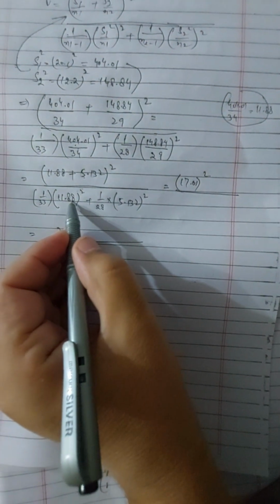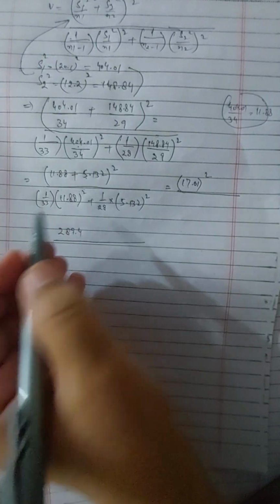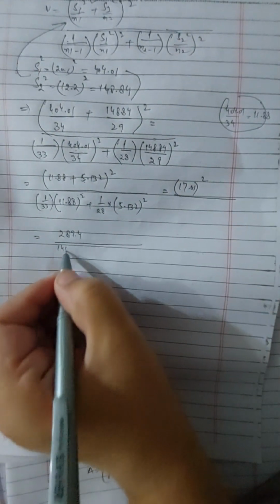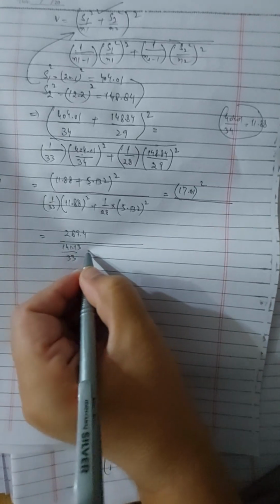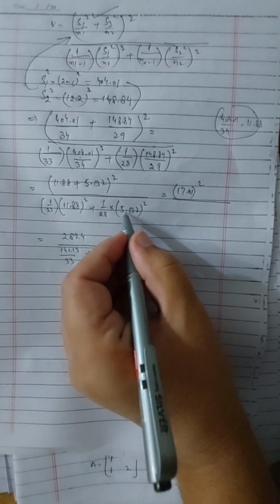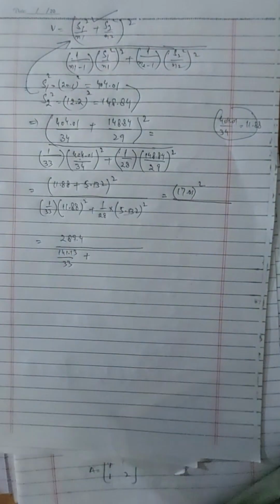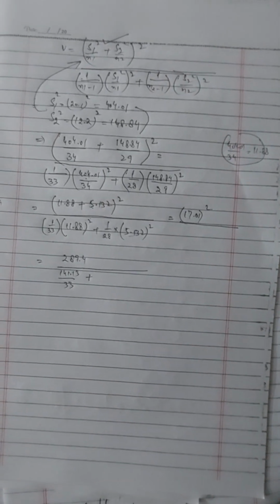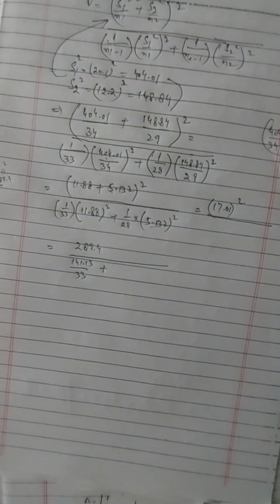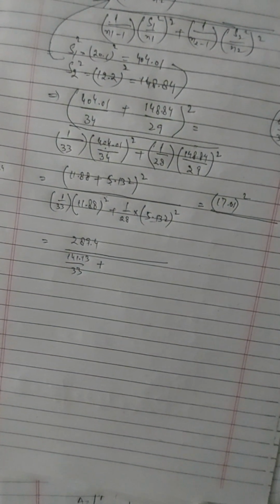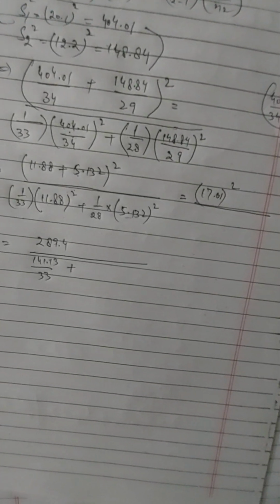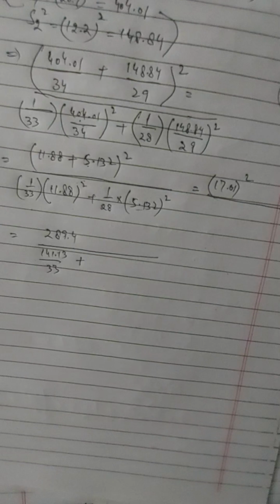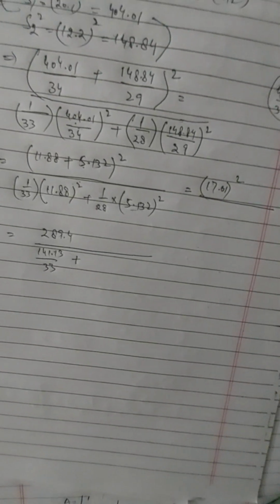This 11.88 whole square will give us 141.13. So 141.13 divided by 33 plus, let's calculate this square and divide by 28. So 5.132 square, 5.132 multiplied by 5.132, so it is squared.